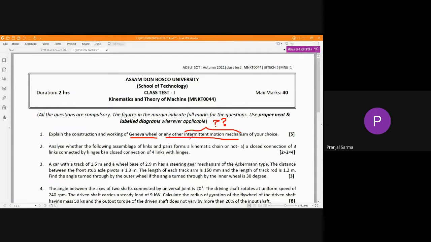Basically from continuous motion, it gives us intermittent motion. Most of you will be writing about Geneva wheel only. Is there any confusion with respect to how we construct it and how it works? That plate, that pin, that grooved wheel, etc. Those things are there.